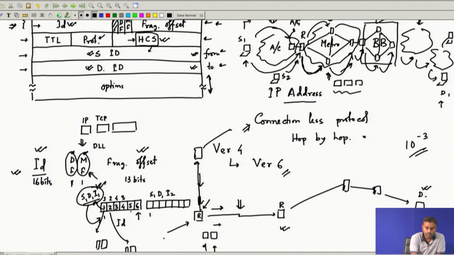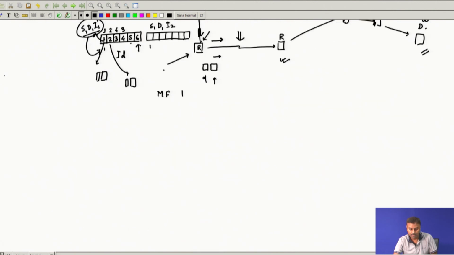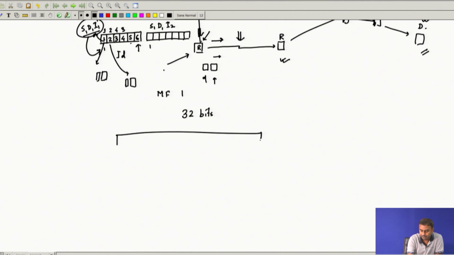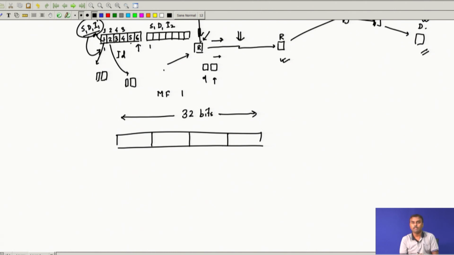Next, we thought of discussing these IDs, which are the unique IP addresses. Okay. So, as you can see, that is a 32-bit address. This 32-bit address generally is subdivided into four 8-bit subsections. Okay.